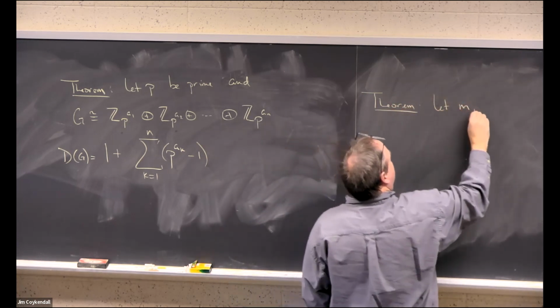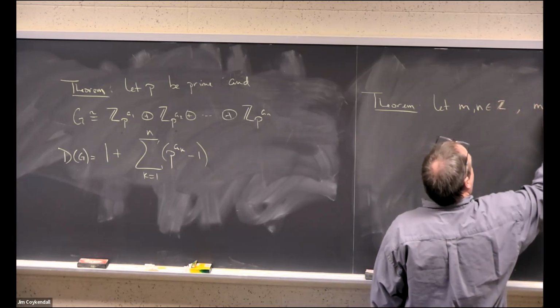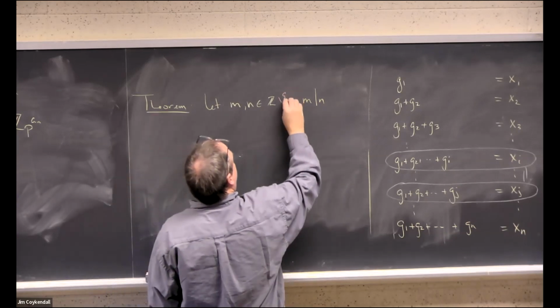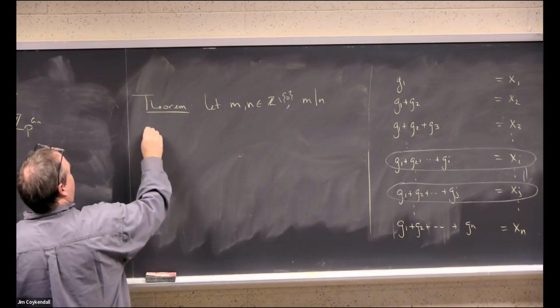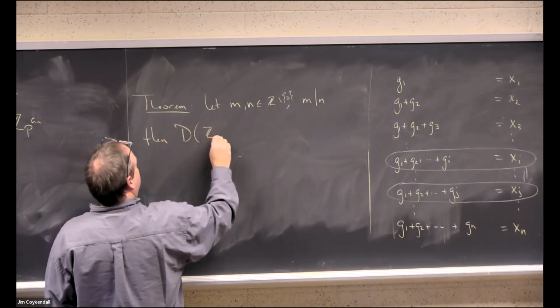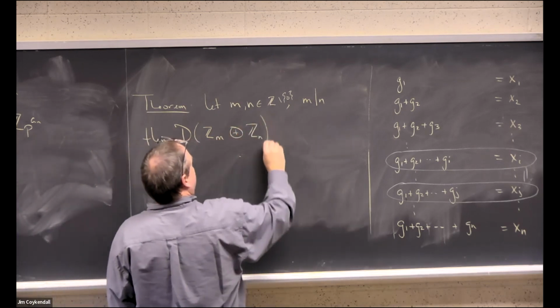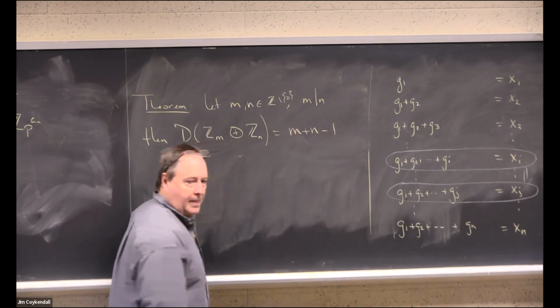But for m and n non-zero integers, the Davenport constant of Cm direct sum Cn is m plus n minus 1.